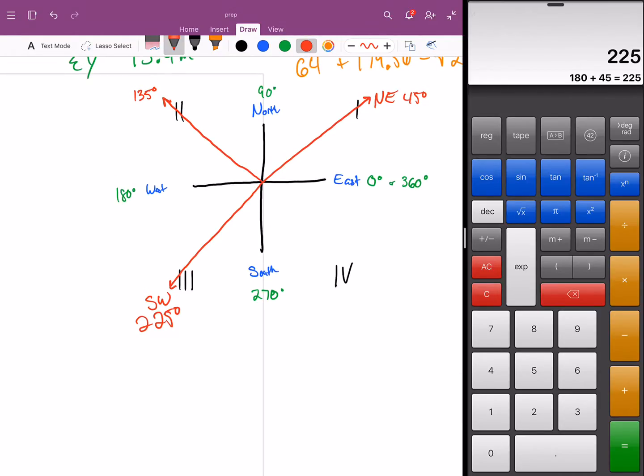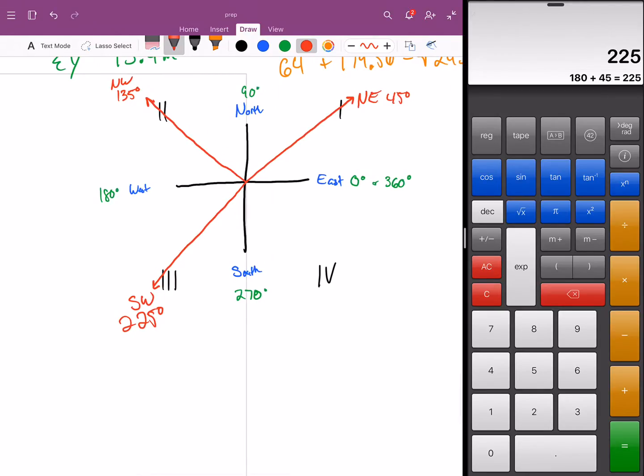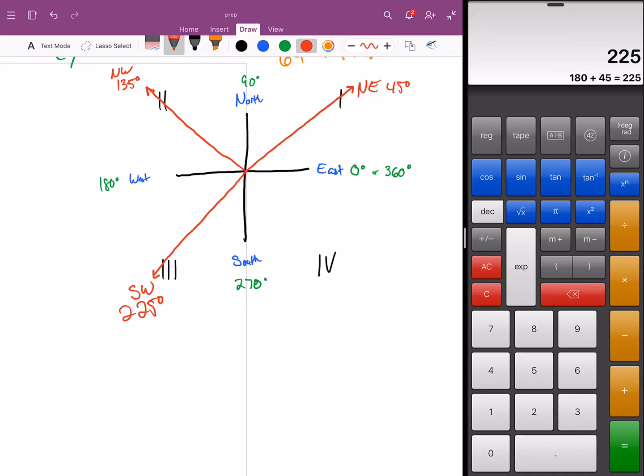Let me put this up here. Northwest. Not an interesting name. Finally, you have the southeast at 315 degrees.